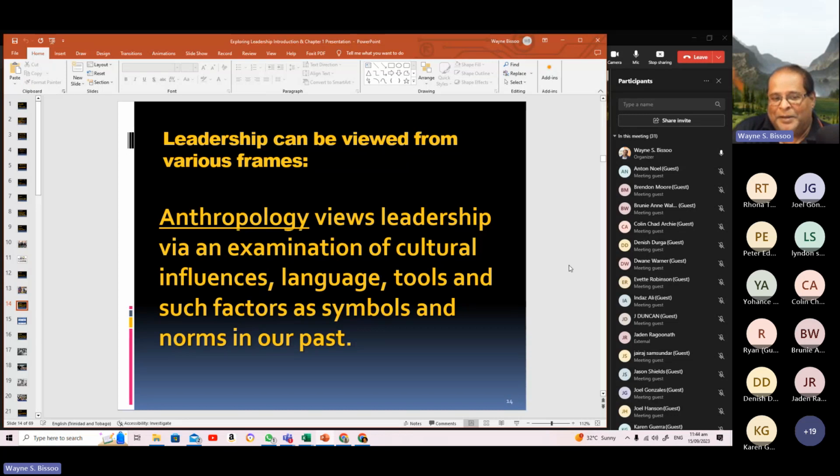And our language might be one made up of a whole set of emojis and acronyms, these LOLs and abbreviations, because we don't have enough time to type all of the words out in the way we communicate with each other. So what would that tell us about how our leadership evolves during this period of time?